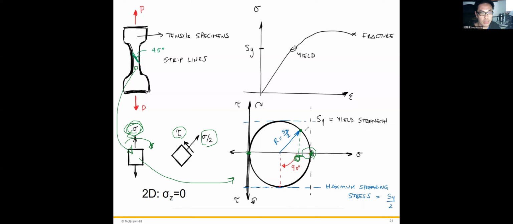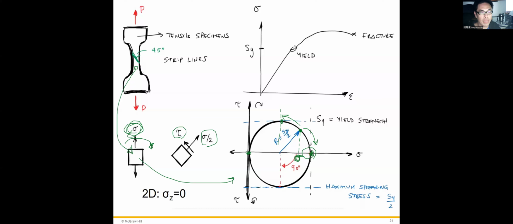When it is rotated counterclockwise, you will reach the maximum shear stress.